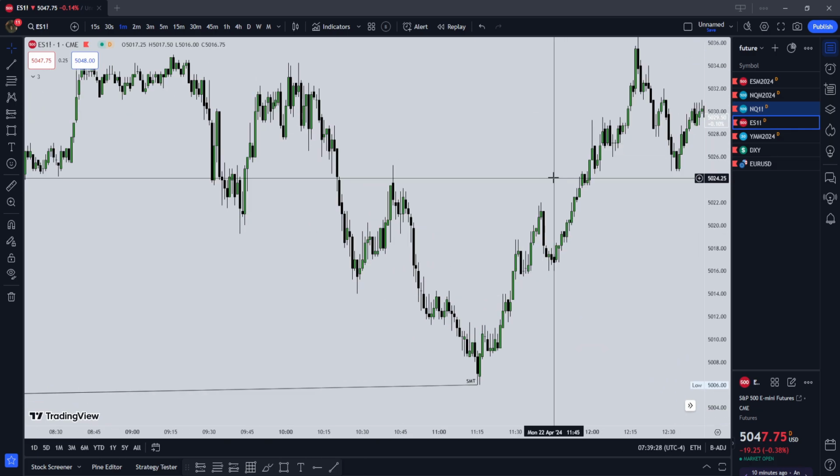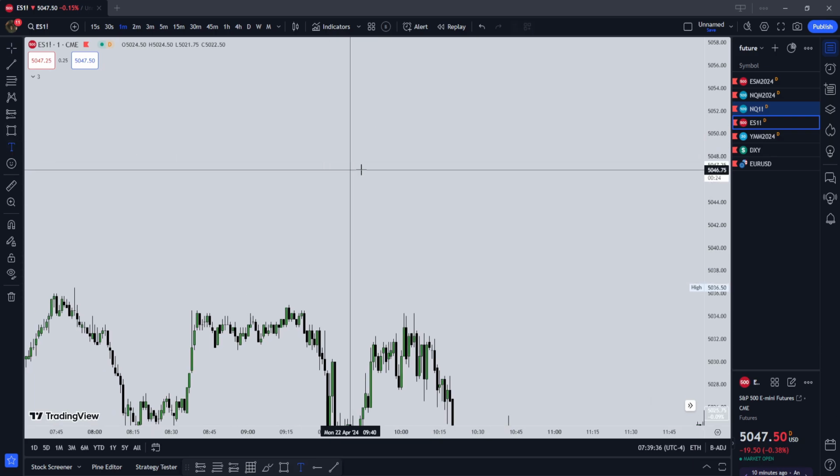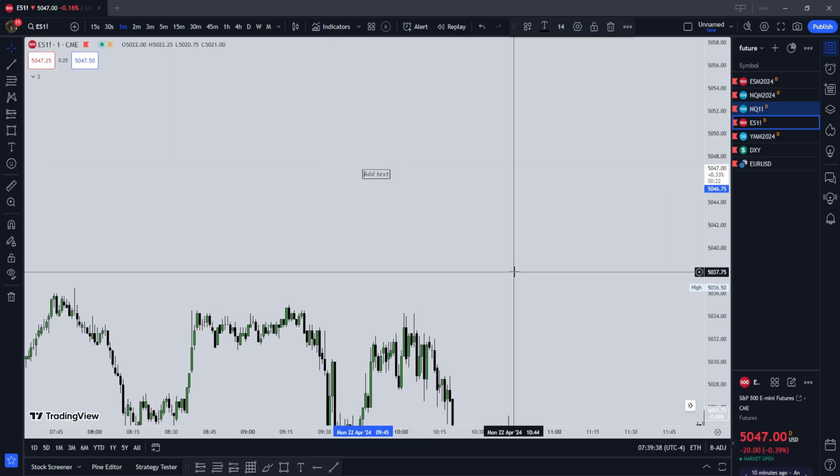So what I want to teach you guys as well, and many YouTubers don't talk about it, is inverse SMT. As you know, NQ and ES are correlated pairs, but there are also inversely correlated pairs. EURUSD is correlated with GBPUSD, right?